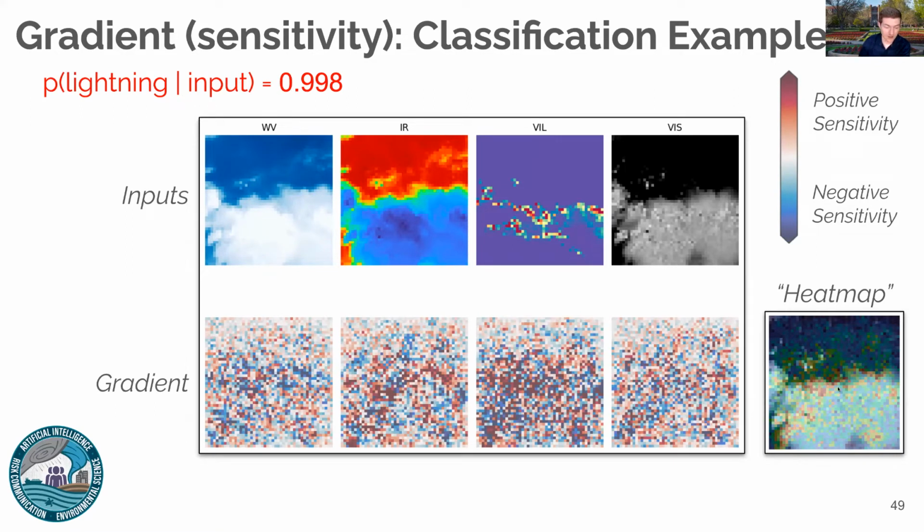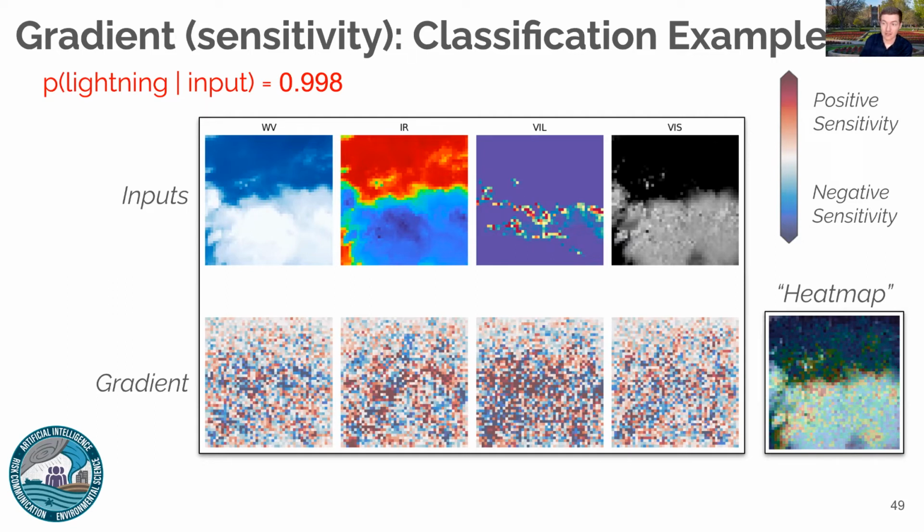The takeaway I want you to take from this is that the yellow and red colors are kind of where the convolutional neural network is looking. You can see that the hotter pixels are loosely outlining the cloud feature. So that's at least confidence or evidence for me that the neural network is doing something right.